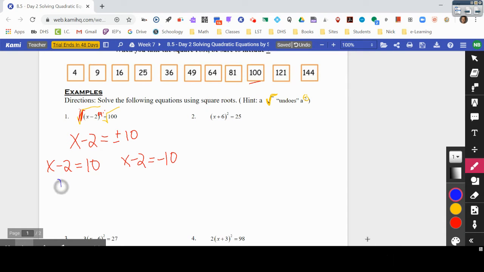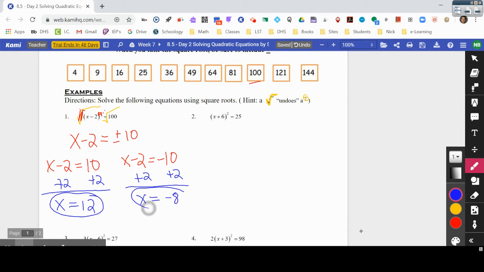I'm just going to add 2 to each side, and we get x is equal to 12. The same operations here: we add 2, but this time we have negative 10 plus 2, and that's going to give me negative 8. So those are my two solutions, x equals 12 and x equals negative 8. Again, I need to show all these steps to get those two answers.